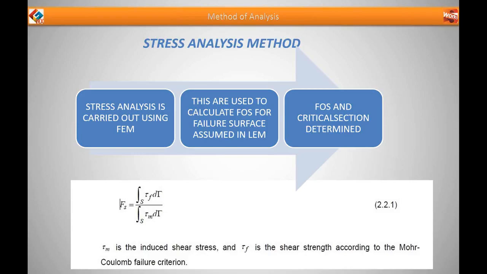In this, basically the stress analysis is carried out using the finite element method, and these stress values are used to calculate the factor of safety for the failure surface that is assumed in LEM. So it is basically a combination of SRM and LEM, and then the factor of safety is calculated and the critical surface is defined with the stress condition in the embankment.